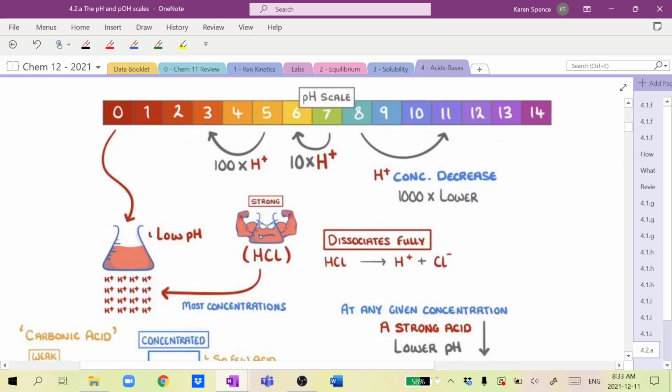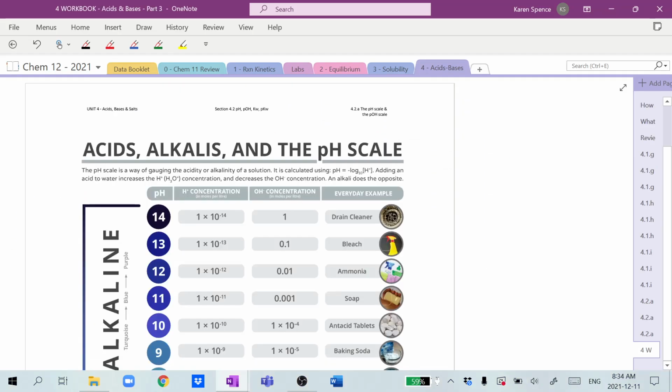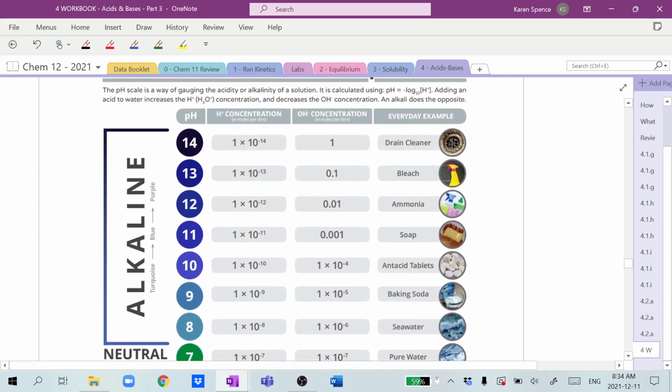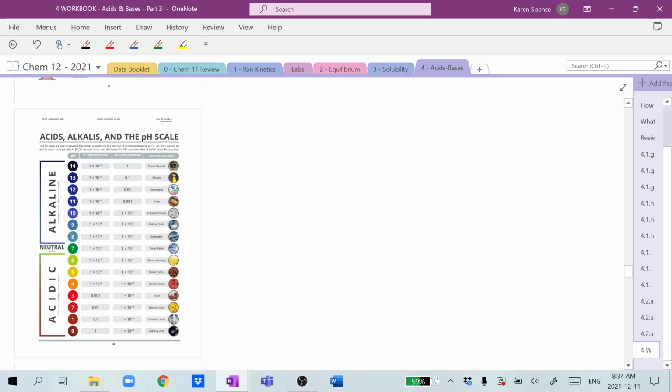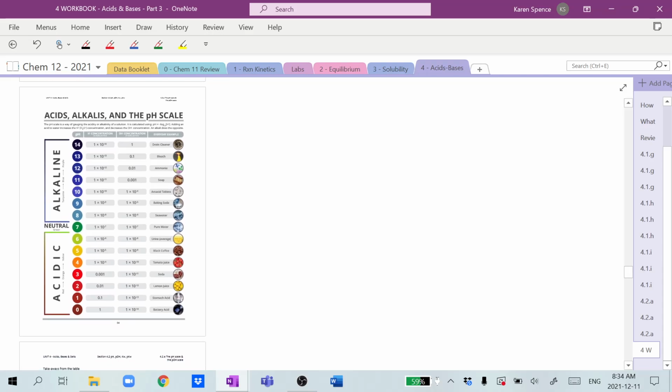And here's just a little summary of that with cute little pictures. So we're looking at this table on the next page, and if I look at a large view on this, we have acidic pHs, which is from 0 to 6, although that's a little bit deceptive actually, because the pH range will go below 0.